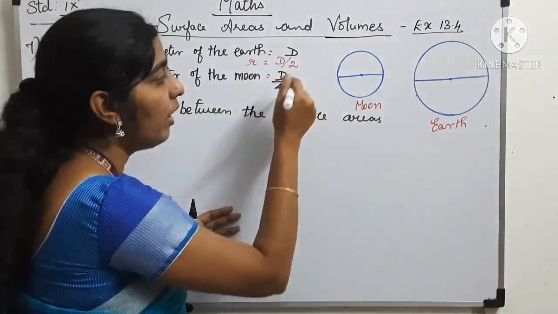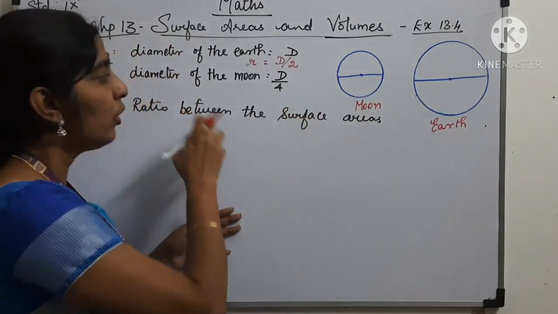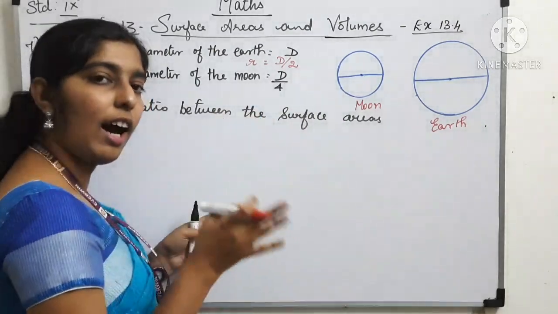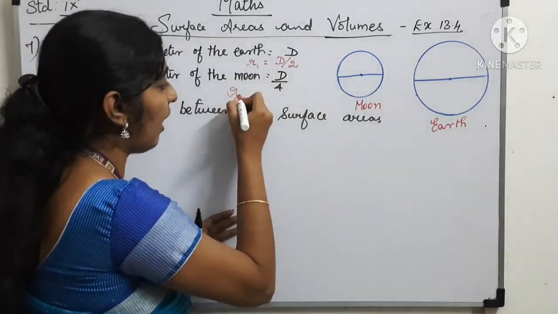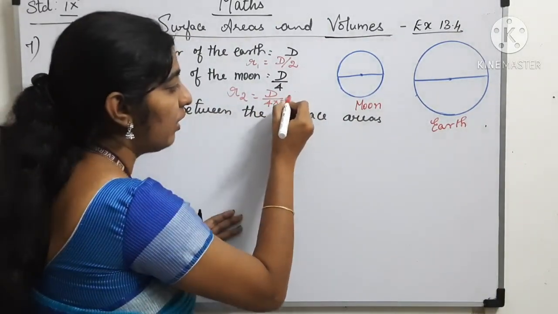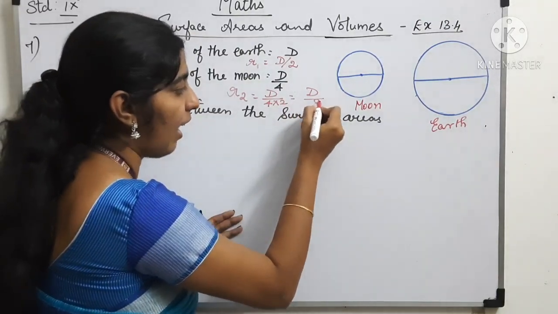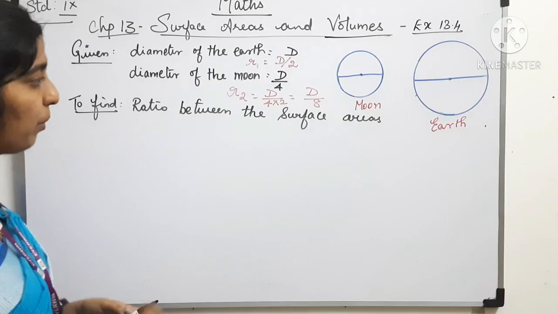So d by 4 divided by 2. When we take reciprocal, 1 by 2. So radius of the moon will be half of the diameter. So this we will take this as r1. This is r2 is equal to d by 4 into 2 is equal to d by 8. Half of it.